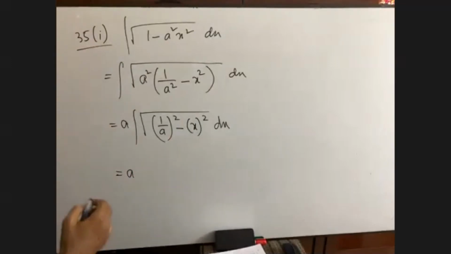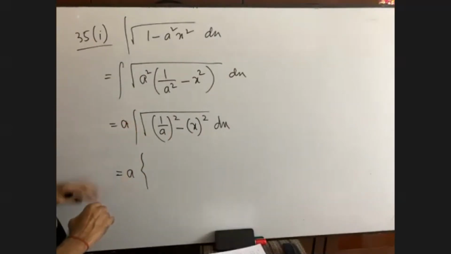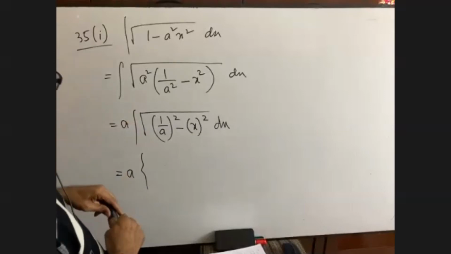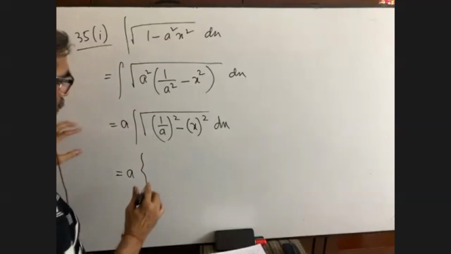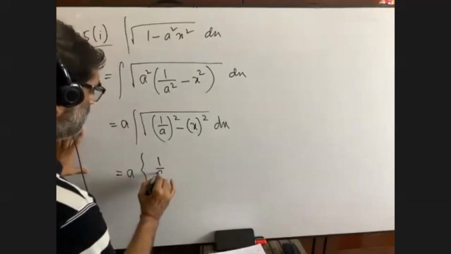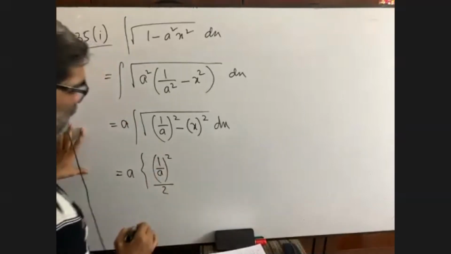We don't have any relation with this in the formula. Now I am going to write down the second bracket as it is a. Let me know what I wrote. A square by 2. Is it? Talk to me. A square by 2. So this is a square by 2.